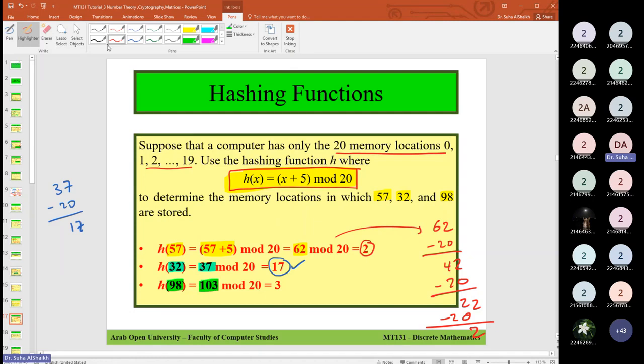Again, I subtract 20 until I reach less than 20. I need to subtract 20 five times, actually: minus 20, minus 20, minus 20, and minus 20. I'm going to remain with just a 3 here. So the memory location of 98 is equal to 3.